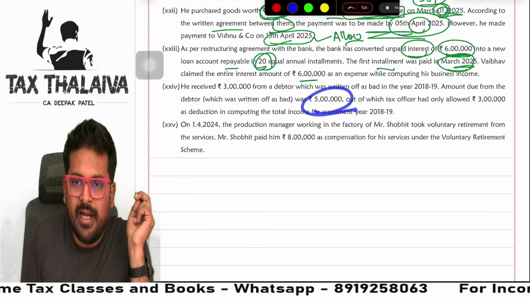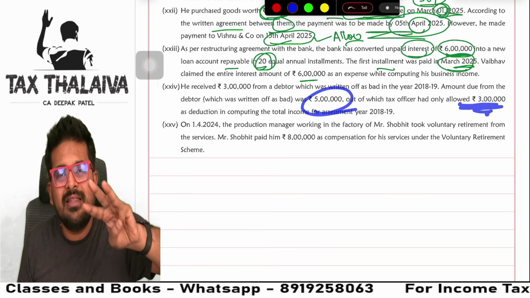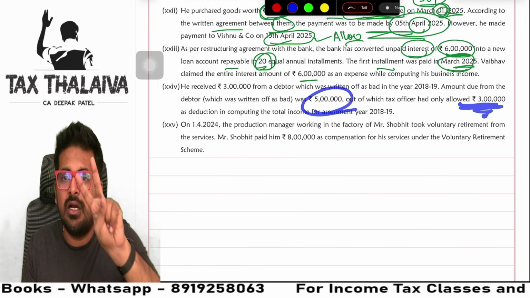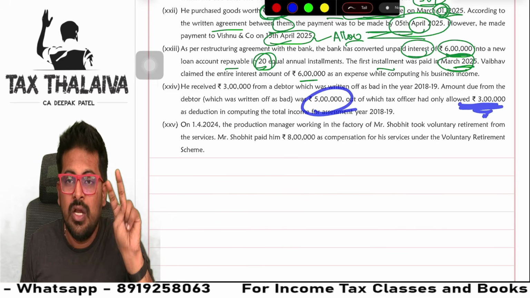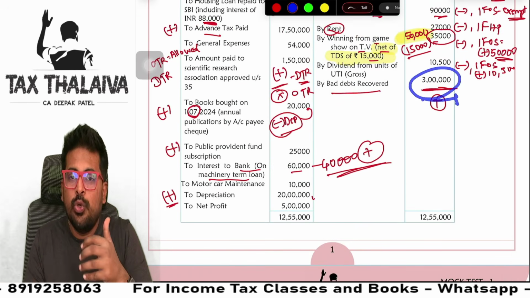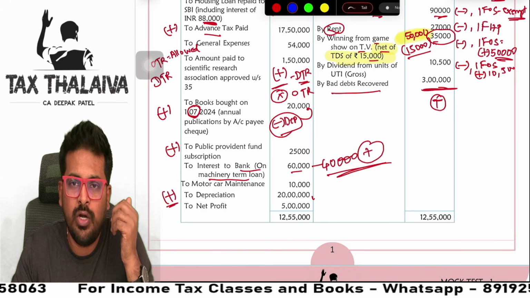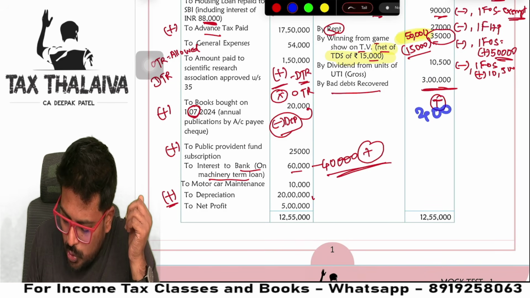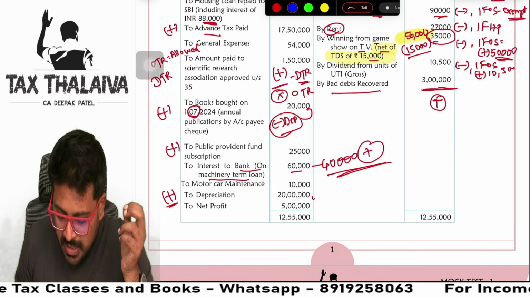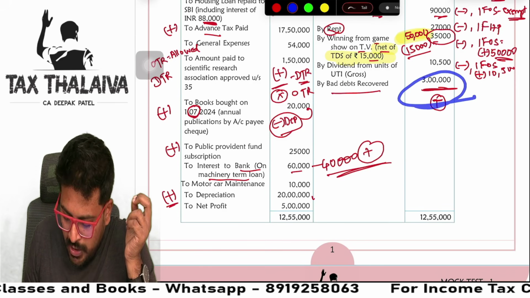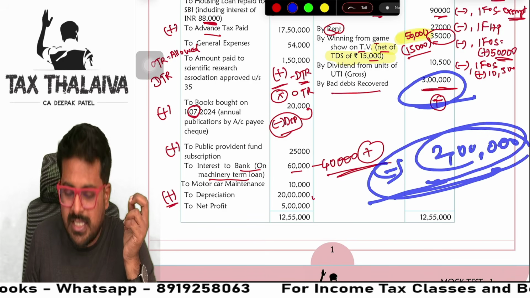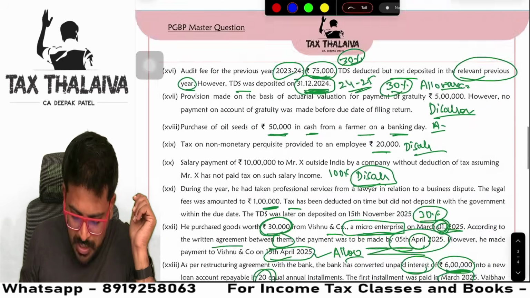Now in this year, when you received this 3 lakh rupees recovered, you need not offer the total 3 lakhs to the government. No, because on 2 lakhs you already paid tax in the earlier year. So in this case, of 3 lakhs you have to reduce 2 lakhs, guys, because on 2 lakhs you have already offered to tax in the previous year.